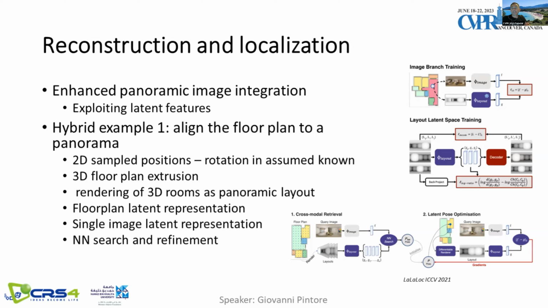However, panoramic image integration can be enhanced in novel ways, especially by exploiting novel deep learning techniques. It can be useful, and we'll see this also at the end of the talk, to associate visual data to a geometric 3D floor plan or 3D layout. In this example, we represent a floor plan as a 3D extrusion.